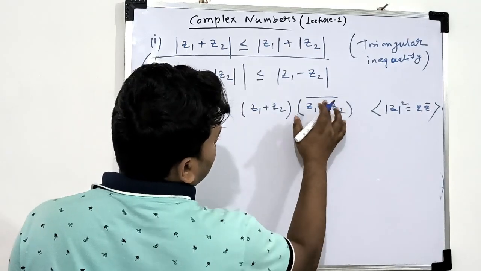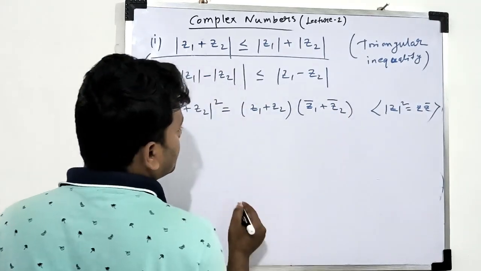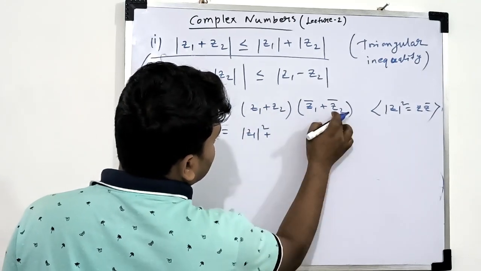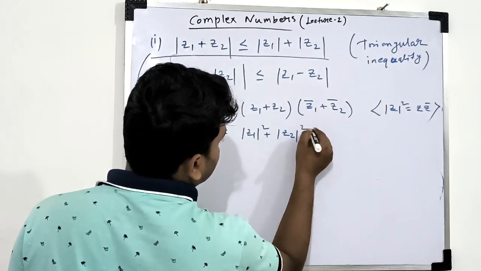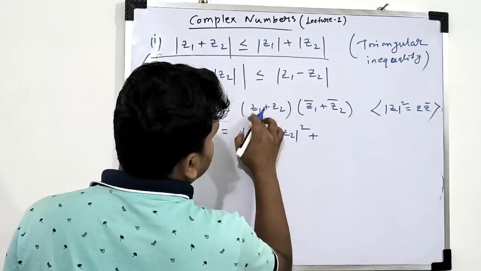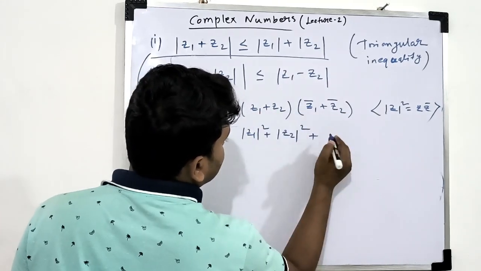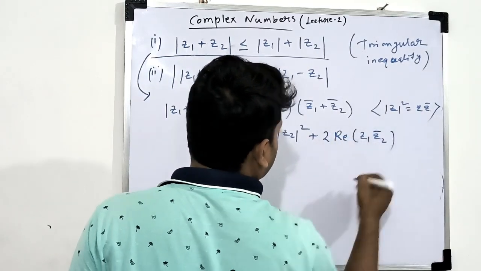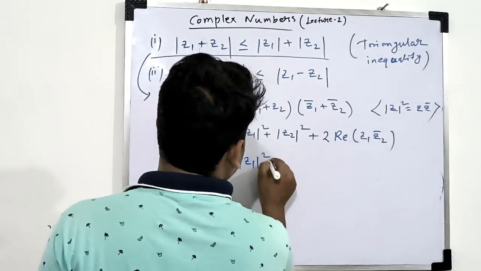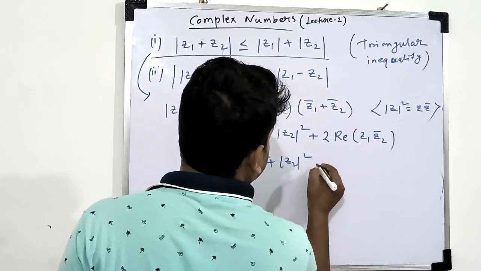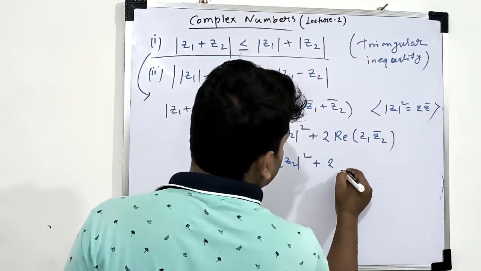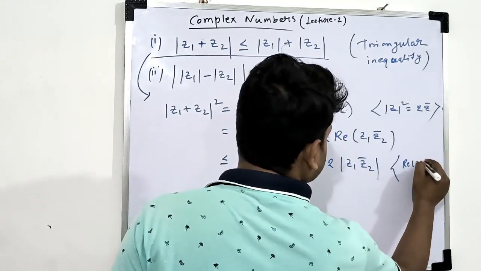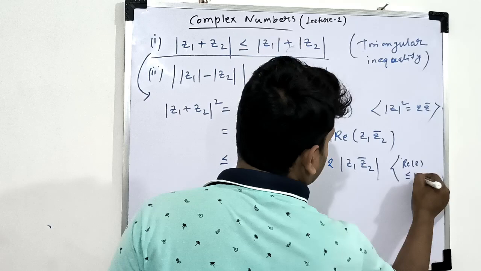So this becomes z1 z2, and from here we get z1 bar whole square, z2 whole square, and 2 into real part of z1 z2 bar, and this becomes 2 into modulus of z1 z2 bar, as real z is less than or equal to modulus z.